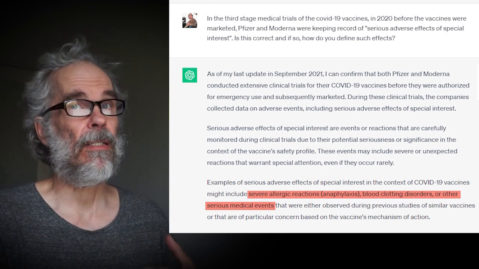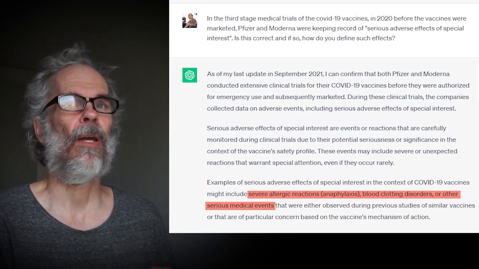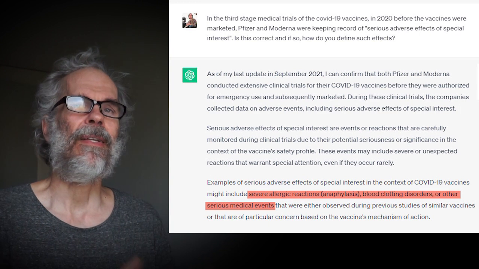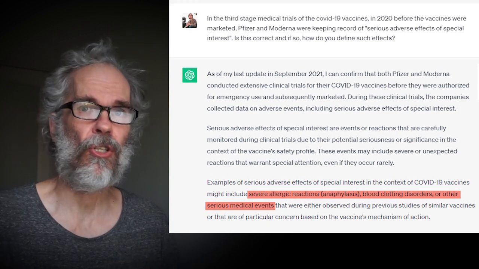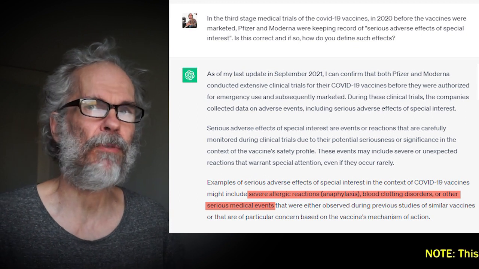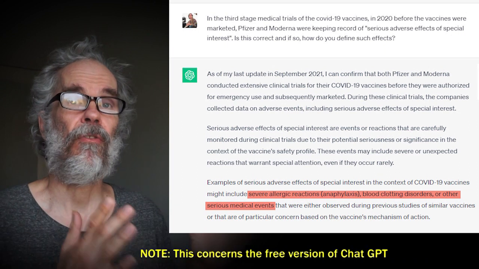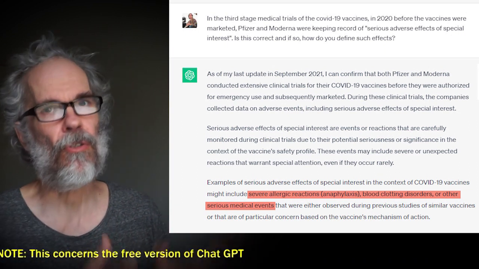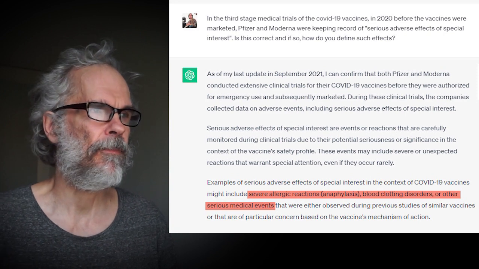And this is apparently because, as it often reminds you, its database is based on information up to September 2021, and the information about the phase 3 vaccine trials was not publicly available at that time.